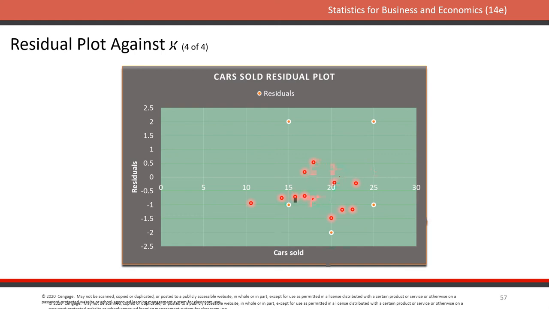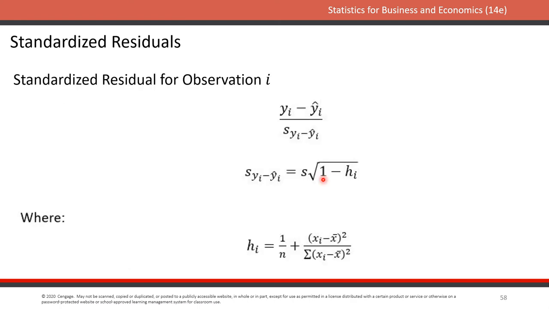Now, one other thing we can do with some of these plots is construct what's called a standardized residual. A standardized residual just uses that old standardization equation. Remember how we standardize a variable to put it on the standard normal distribution: x minus mu divided by sigma. Well, we don't have mu and sigma. We have the sample mean and the sample standard deviation, and we can definitely standardize values.